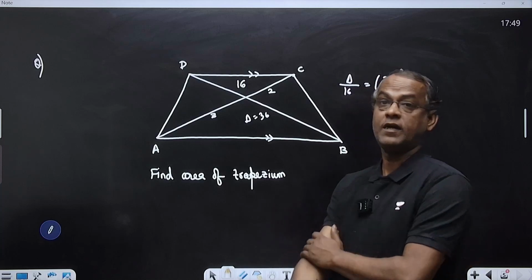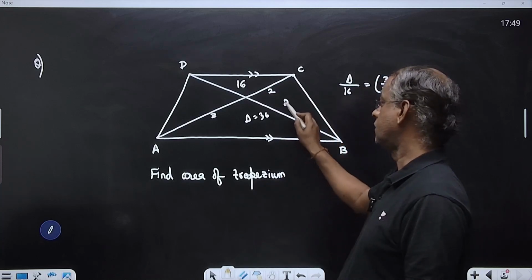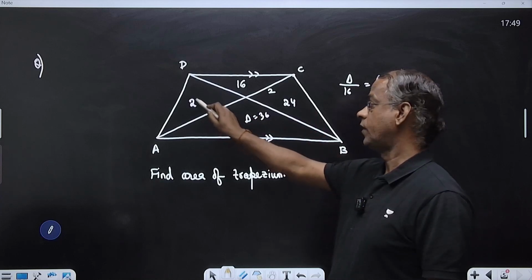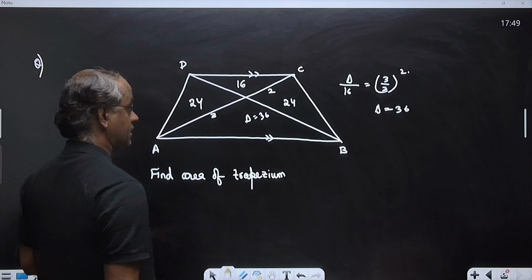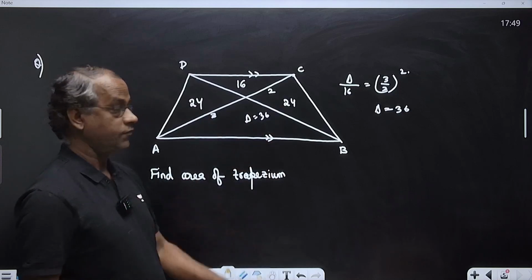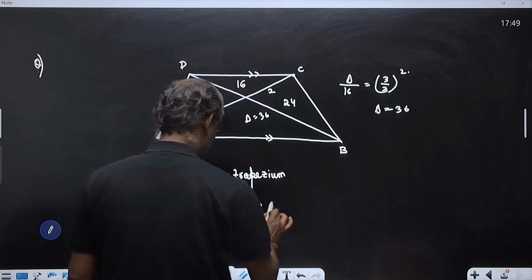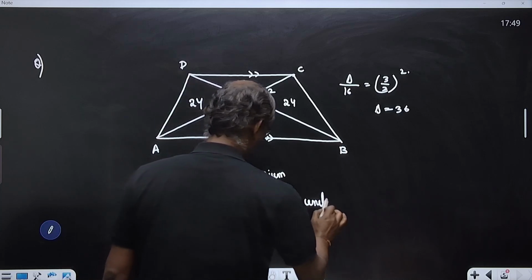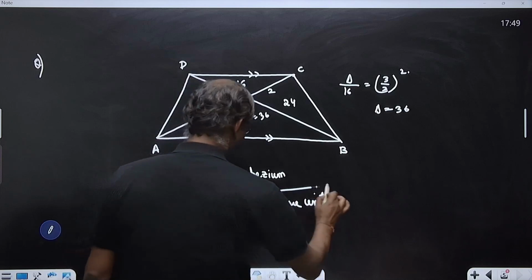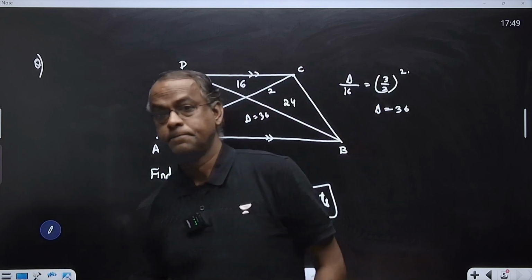Root of delta 1, delta 2. 4 into 6, 24. So this area is 24. So the total area of this trapezium is 52 and 48, that is 100 square units.